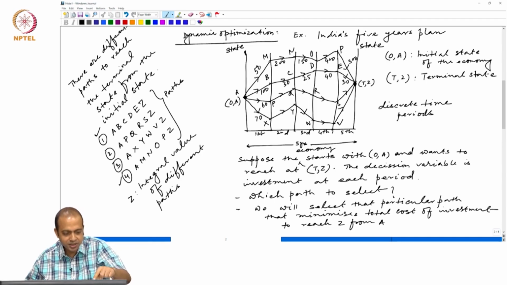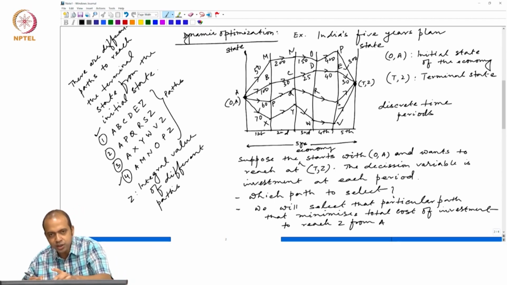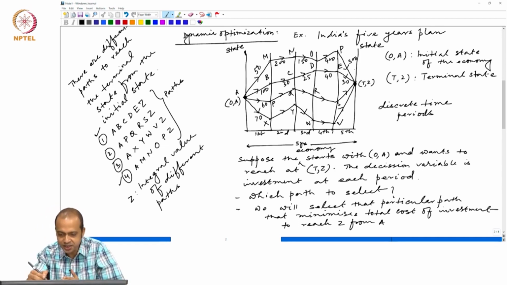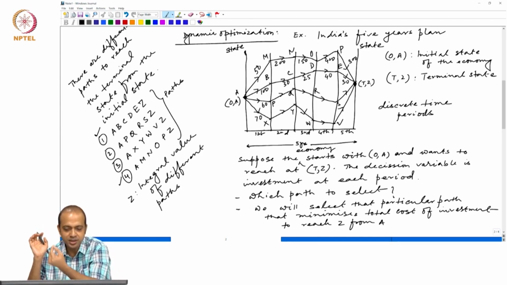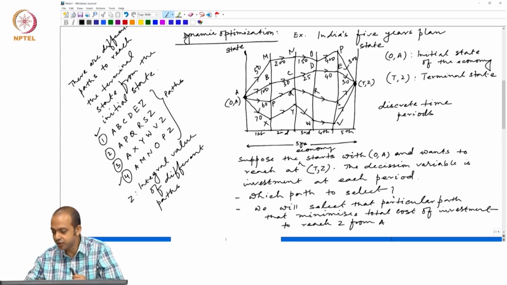A, B, C, D, E, Z; A, P, Q, R, S, Z; A, X, Y, W, V, Z. These paths are actually mapping to a real line, where we are achieving Z amount of capital stock. So, obviously we can think that Z is the integral value of different paths. That is why in dynamic optimization we are mapping a path to a real line.